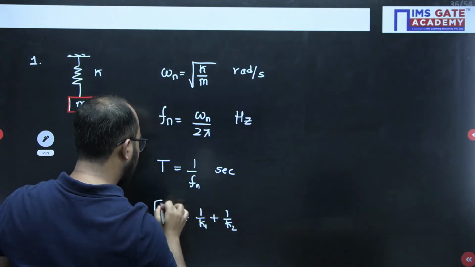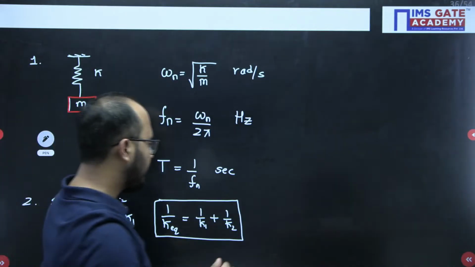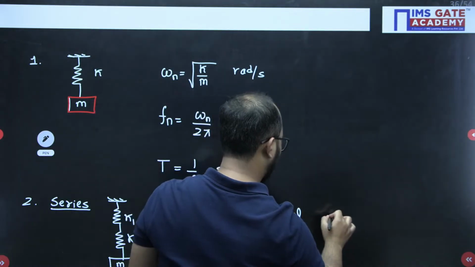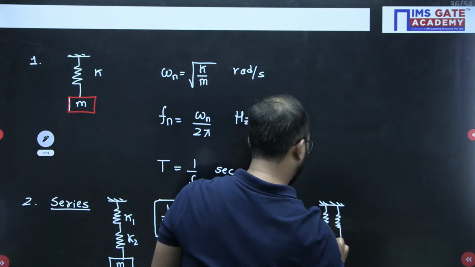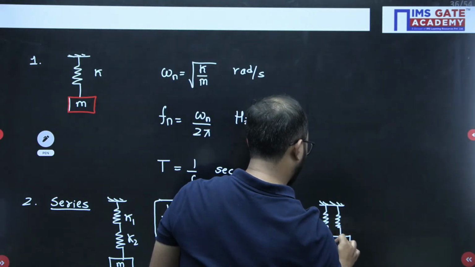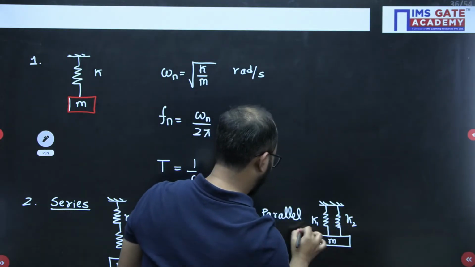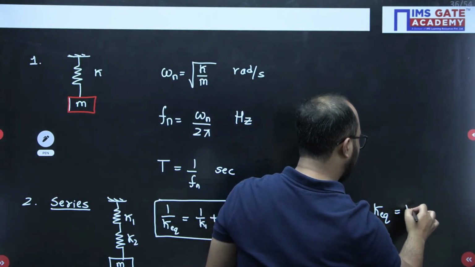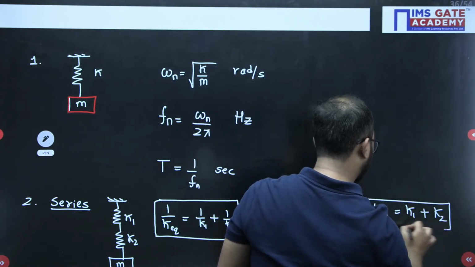This basic relation you should know. For parallel, what will we do? We will just add. So your equivalent stiffness in case of parallel will be K1 plus K2. This is the formula we should remember here.